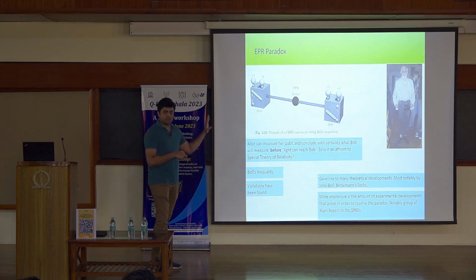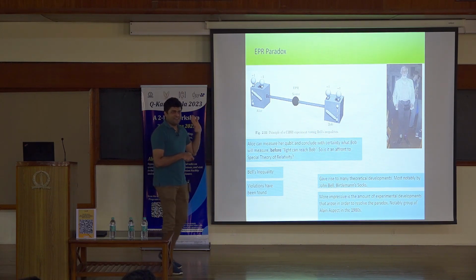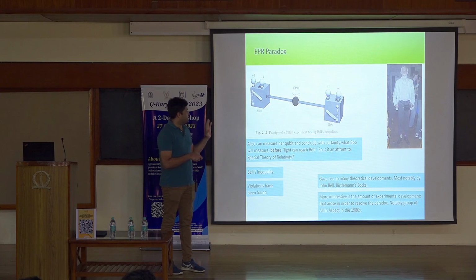Just use the measurement postulate, right? Work it out. And if it were to behave like classical random variables, you can see what that would work out to. And you'll see that the inequality that you get in the classical setting will be violated in the quantum case.